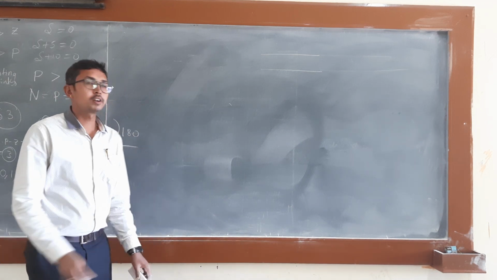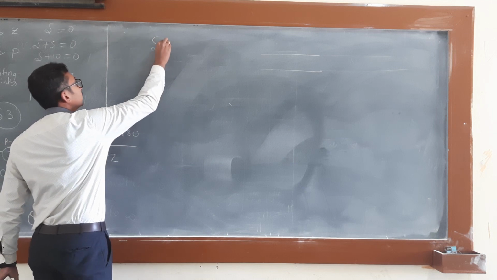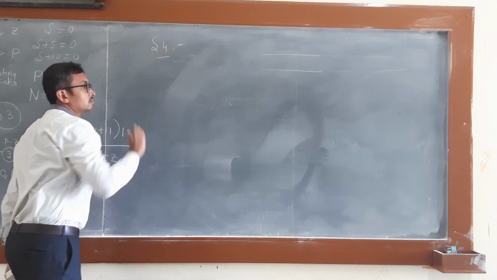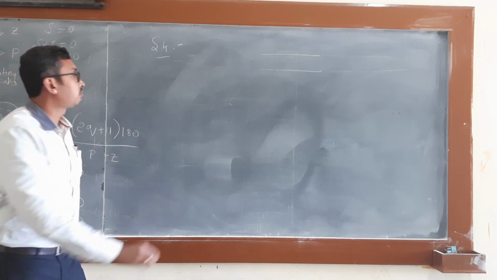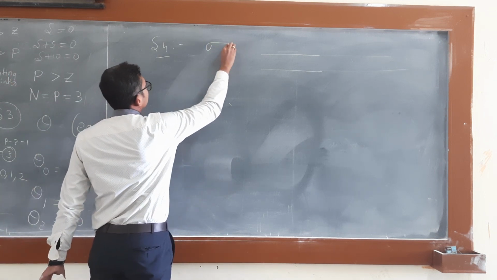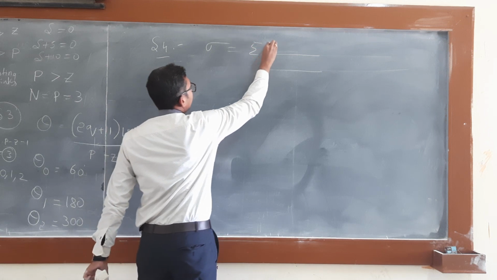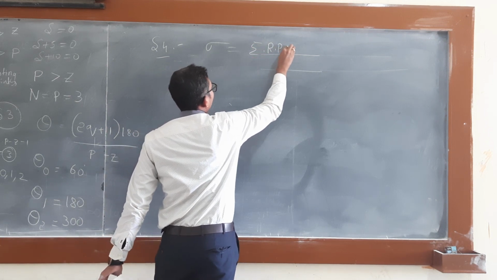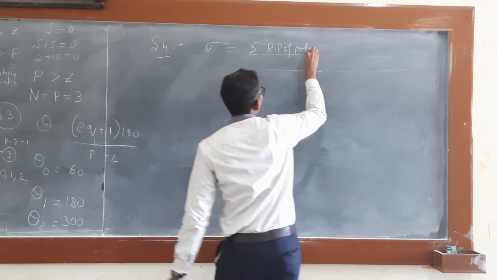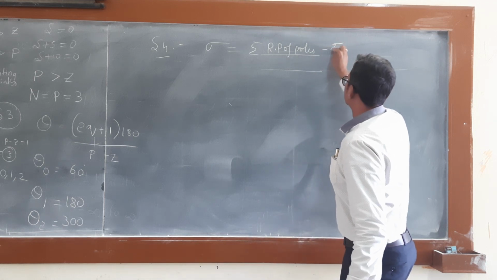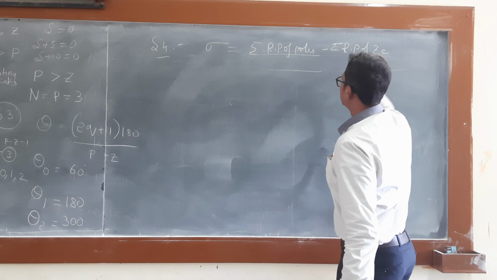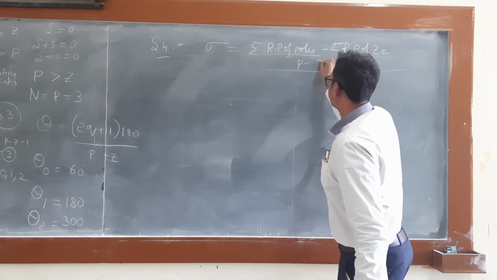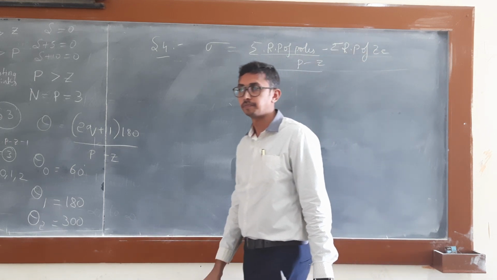Okay, step number 4. What is step number 4? To determine the centroid. What is the formula to determine the centroid? Summation of real part of poles minus summation of real part of zeros divided by p minus z.